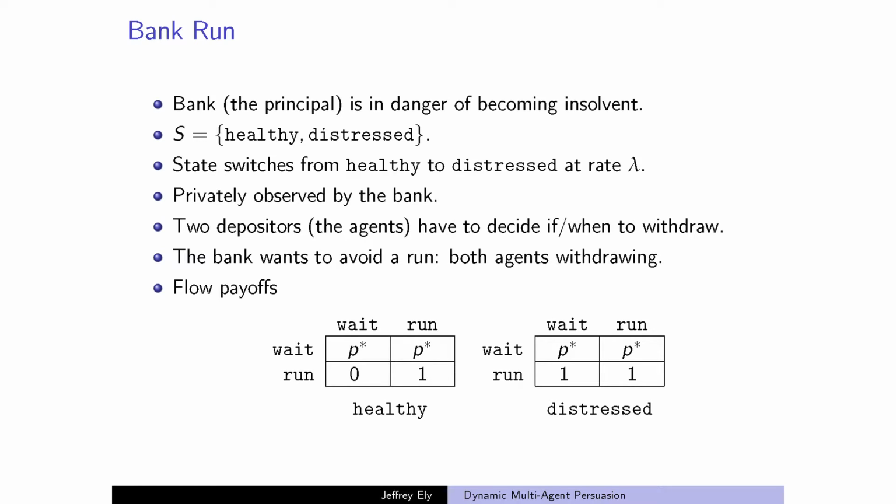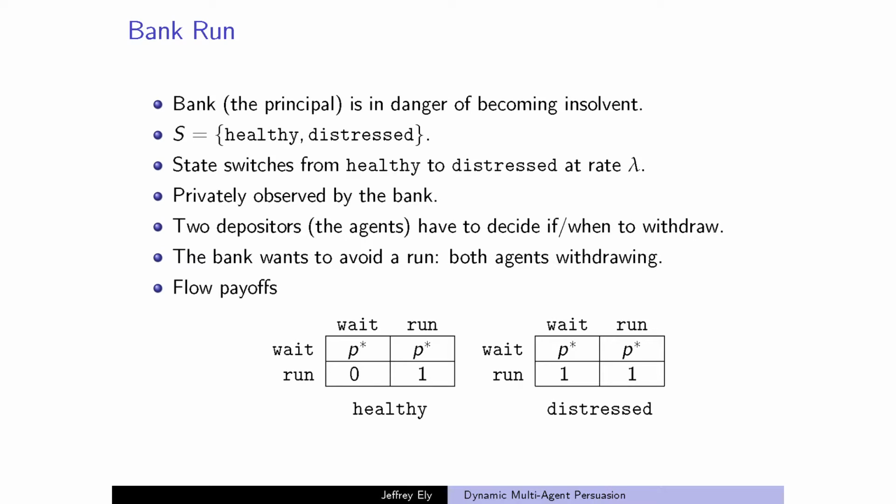And the effect of this payoff function is the following. If a depositor assigns at least probability P star to the following critical event, then he wants to withdraw. And the critical event is either the bank is distressed or the other guy has already run. So, summarized by these three cells in the matrix. Once that event exceeds probability P star, then the depositor with that belief wants to withdraw.